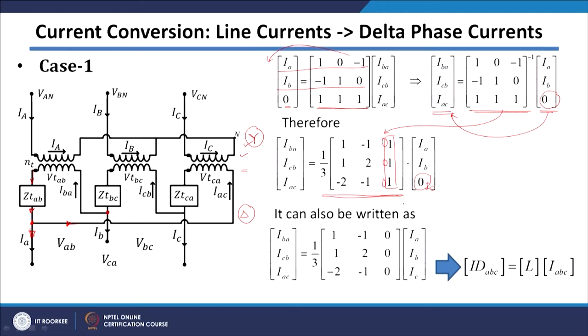That is what I have done here. I replace that column with 0 0 0 entries and replace this 0 with IC. So, now we have got the required transformation matrix for the case where 0 sequence currents are not present. So, we can easily convert your line currents to the delta phase currents using this conversion matrix, which I am calling matrix L, given by this particular matrix.